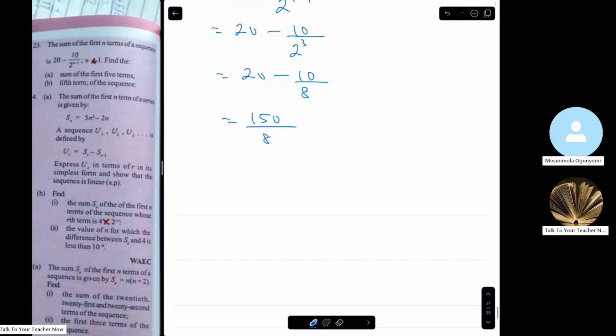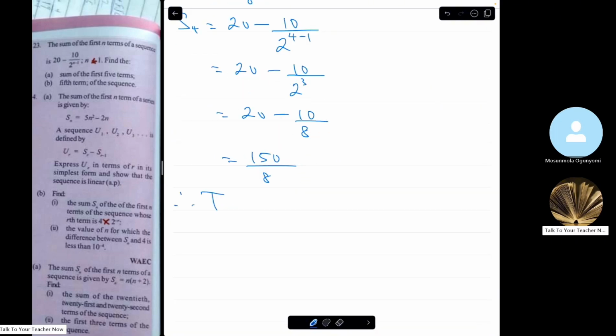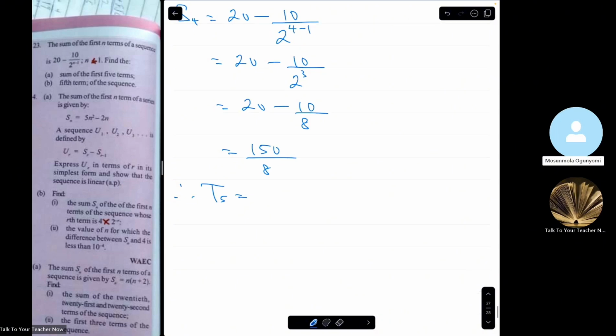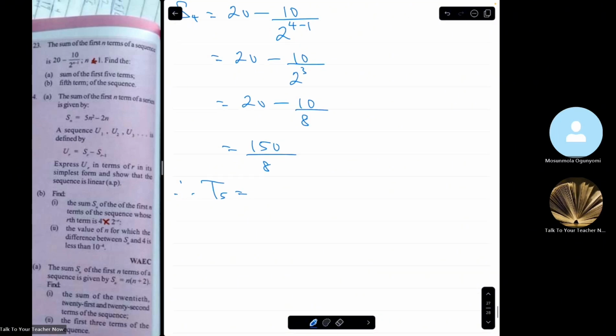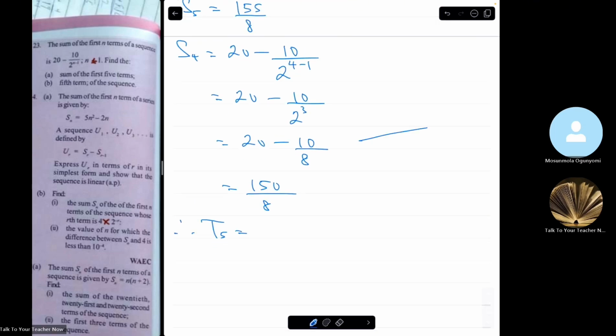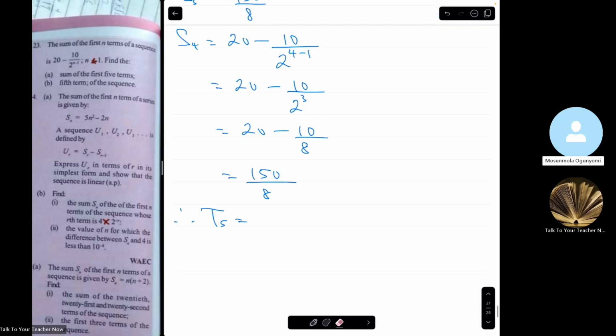Please check and be sure. 20 minus 10 over 8 is 150 over 8. LCM is 8. 8 times 20 is 160, minus 10 is 150. I wanted it to be double sure.